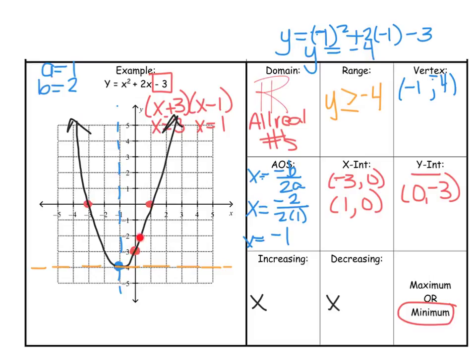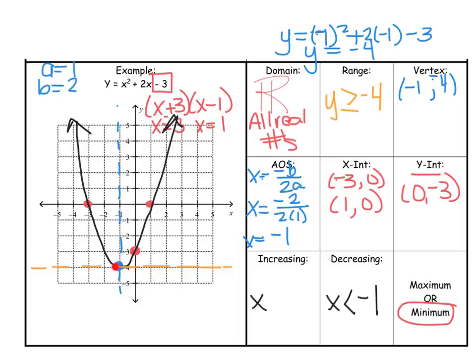So this is the turning point, so this is where my parabola is going up. So here's the down, and the down is from all the way over here, which is infinite, to where it starts the turning point at negative 1. So my decreasing interval is every number that is less than negative 1 on the x-axis, and we're not going to include negative 1 because that's the turning point.